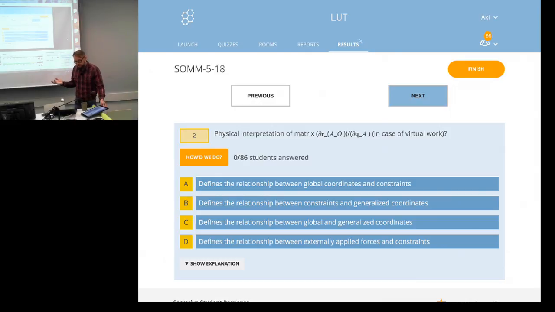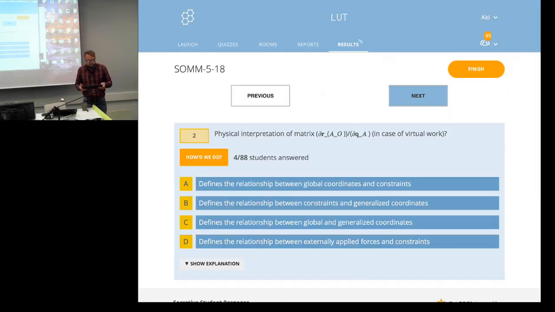And now the choices. This is not big enough, let me use this one here. The choices are: it defines the relationship between global coordinates and constraints, first option.